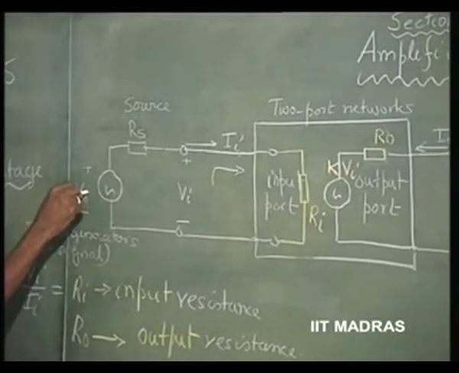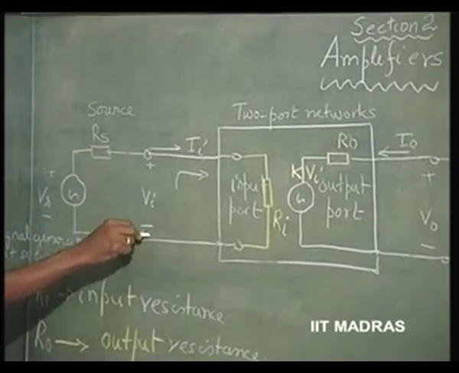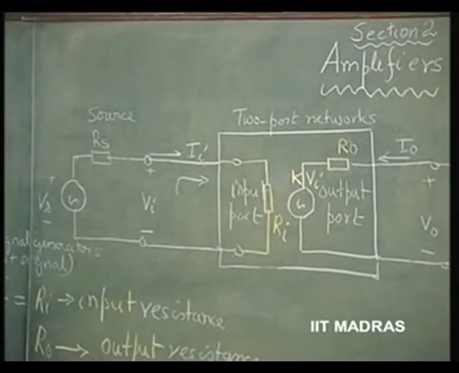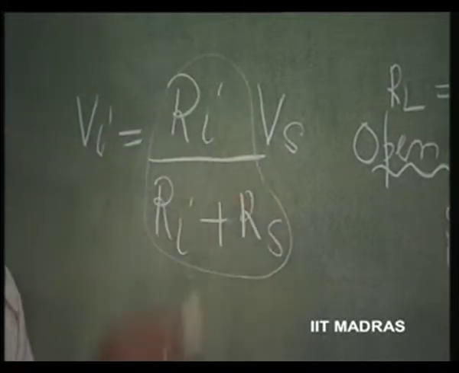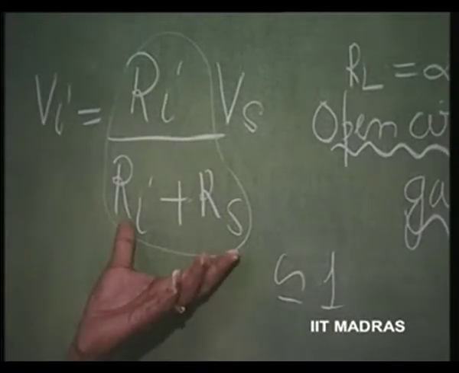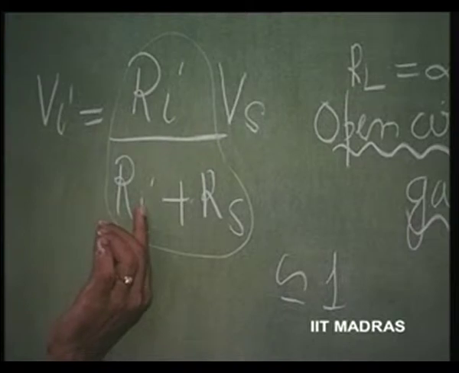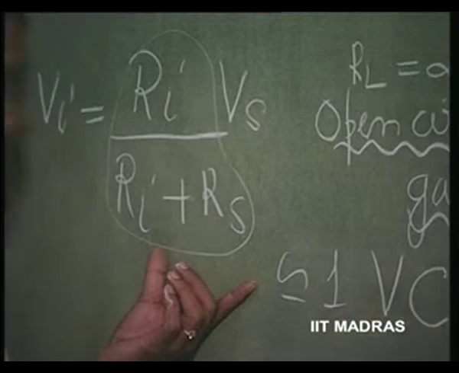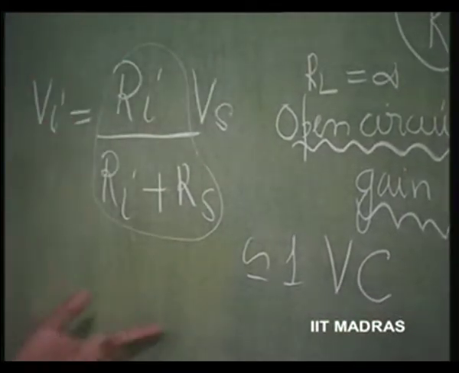This signal VS, because of its finite source resistance, is going to get attenuated and appear as RI by RI plus RS into VS, which means if it is voltage controlled, this factor of attenuation is going to be very nearly equal to 1, and this is not going to get attenuated at all, because RI is going to be very large compared to RS. Then we call it voltage controlled. Otherwise, it is going to get attenuated a lot.